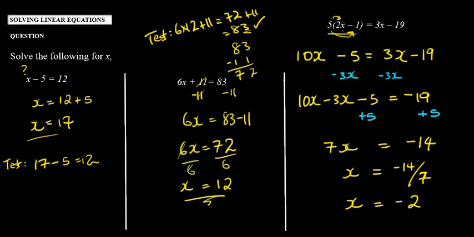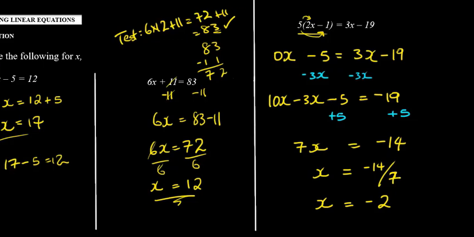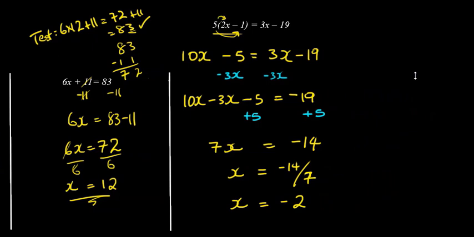Again, finally, if we test it, I can move a little bit over to the right. So let me test it over here. If we test it, then we're checking if 5 times 2 times negative 2 minus 1 is the same as 3 times negative 2 minus 19.